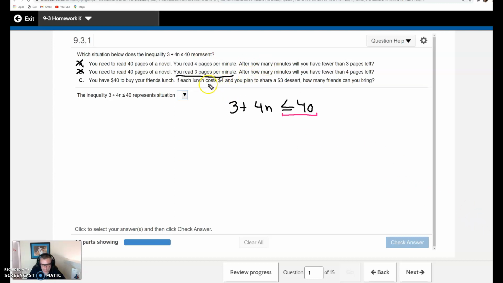That looks pretty good with this part right here, the number of people times $4 per lunch. And we're going to share a $3 dessert. Well, that's one dessert. So there's my $3. So it really looks like choice C fits this perfectly. Here's my $3 dessert plus $4 per lunch. And all of that has to be less than or equal to $40. So I'm going to go choice C.